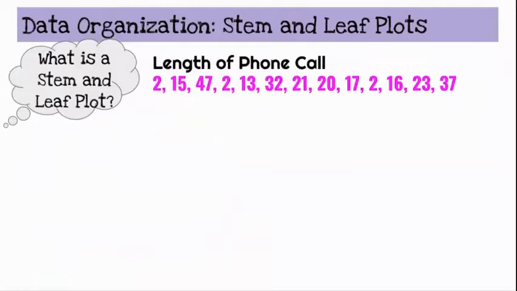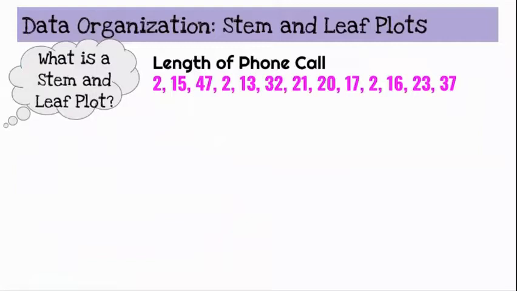So I looked at 13 of my phone calls, and I looked at how long they were, and I made a list of how long those 13 phone calls were that gave me this data set, sort of in purple. Well, right now it's just a jumble of numbers, and I can't really make a whole lot of sense of it. I don't know if I spend a lot of time on the phone or just a little time on the phone. I really don't know where it is.